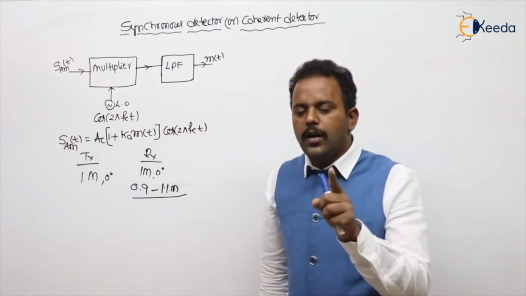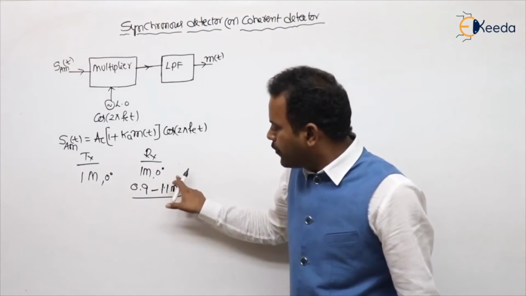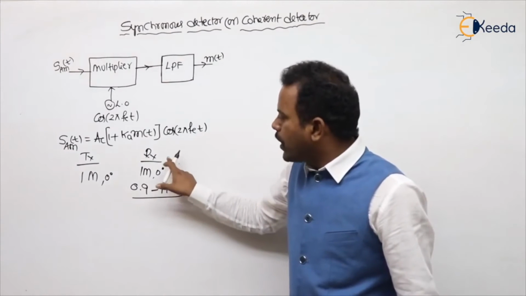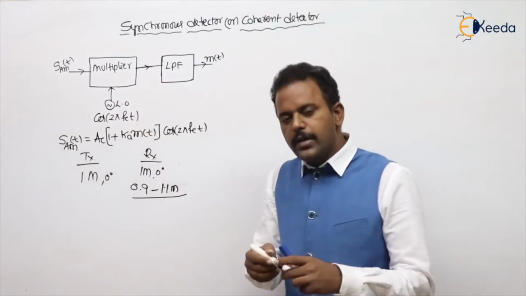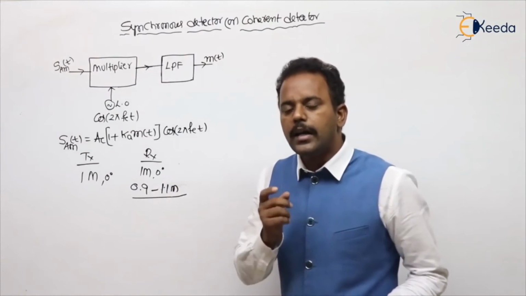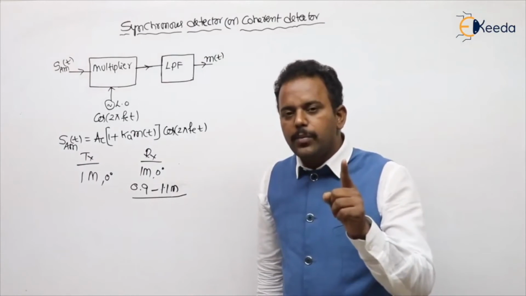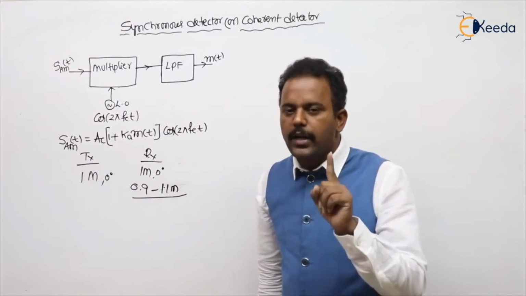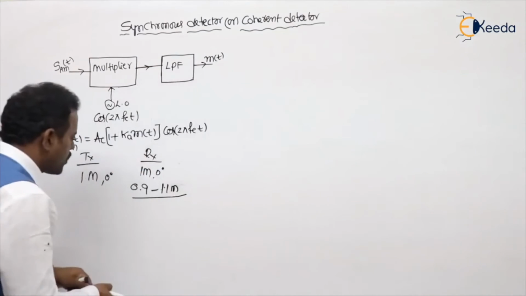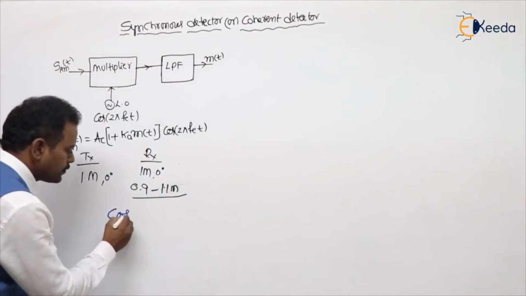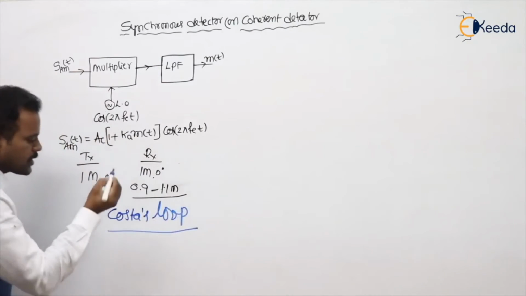So if you want constant output or faithful output, these fluctuations you have to nullify, or accordingly you have to maintain the changes in the local oscillator. Always it has to synchronize with the received carrier. So, to make that synchronization between the local oscillator and the received carrier, we are using additional circuitry called Costas loop, or Costas receiver.